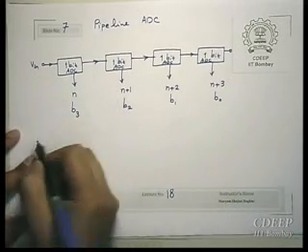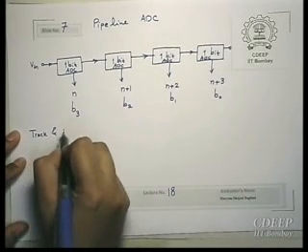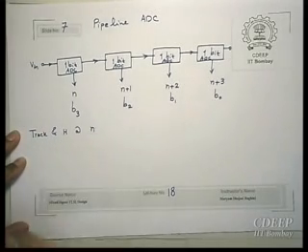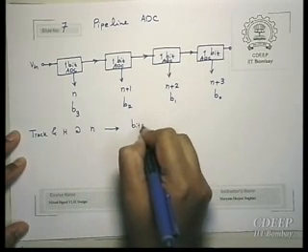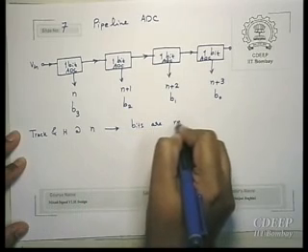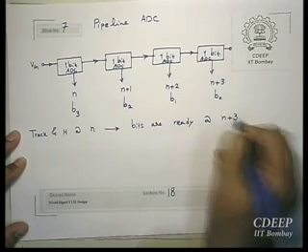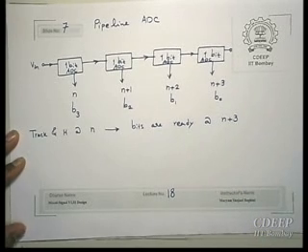Therefore if you track and hold at n, then the bits are ready at n plus 3. This is latency, right? But not all bits, only the last bit is ready at n plus 3.